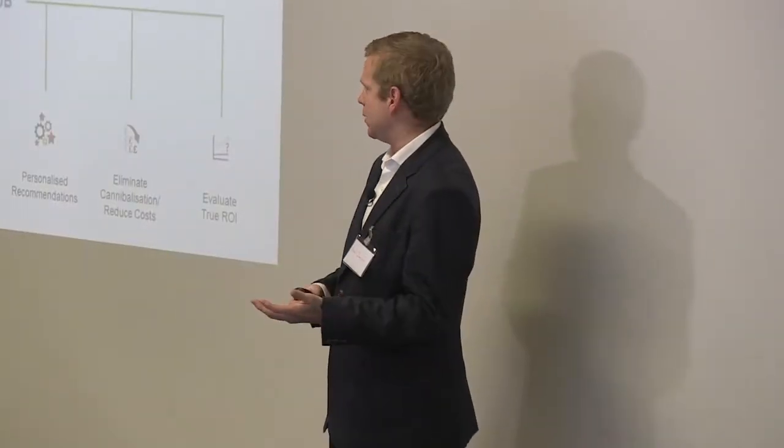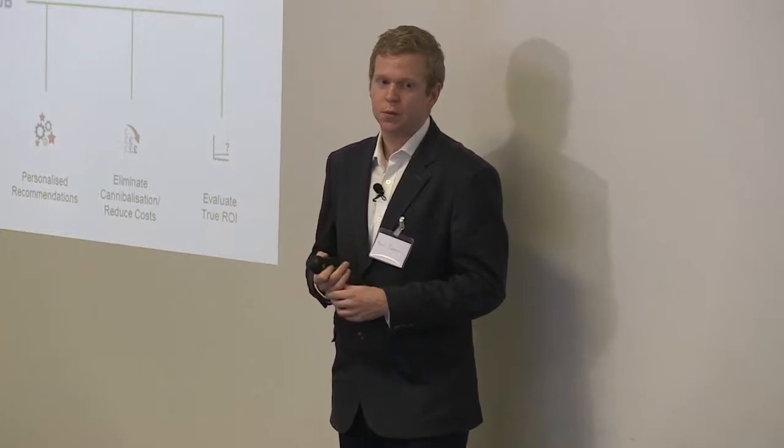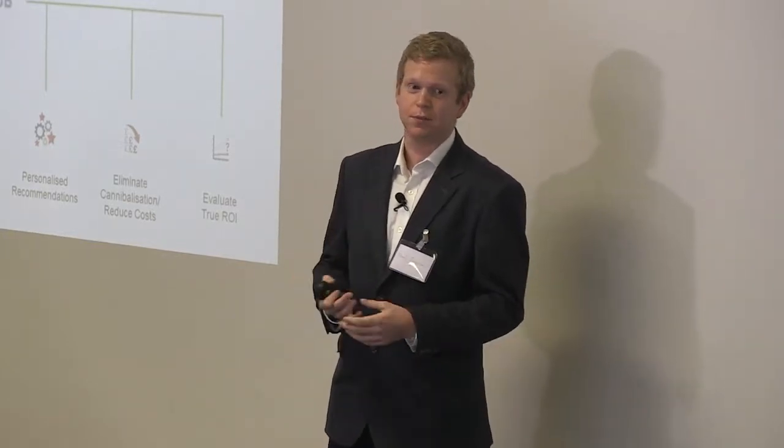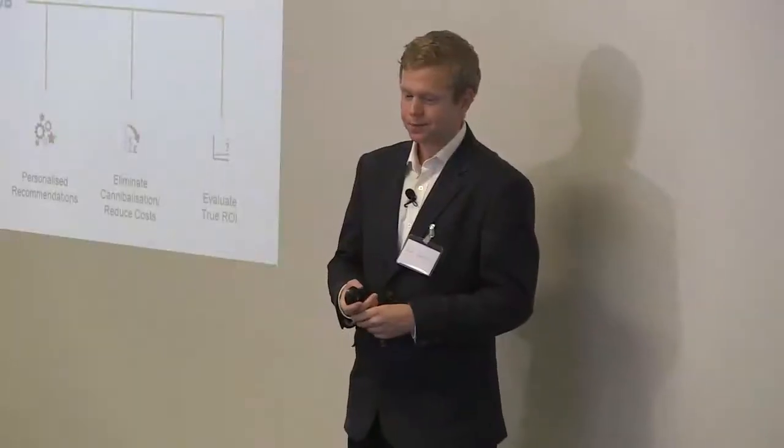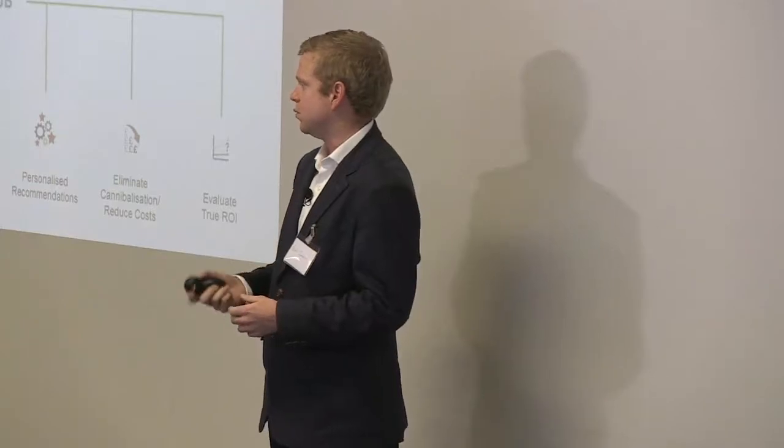And being then able to utilize that data. So being able to have better informed decision making about your customers and what they've given their permission to communicate about. Being able to personalize communications, making sure that you're compliant, and being able to optimize and automate some of those communications as well.